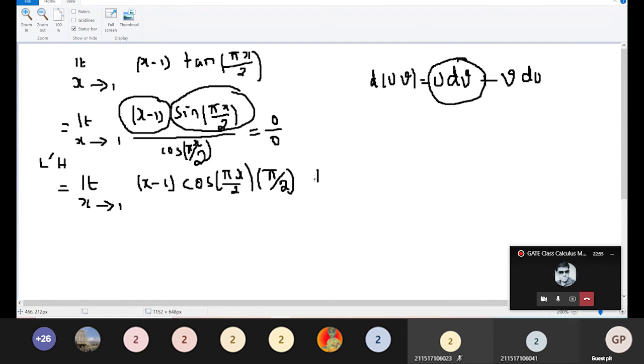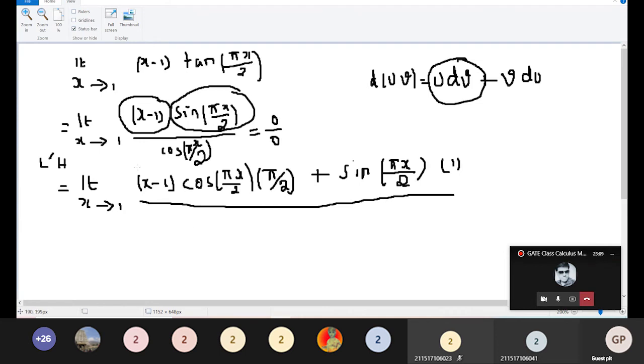Now plus, keeping the second function as it is, differentiating the first function, x minus 1, it will be 1. Divided by the denominator differentiated separately: differentiating cos gives minus sine of pi x by 2 into differentiating the bracket, that is pi by 2.